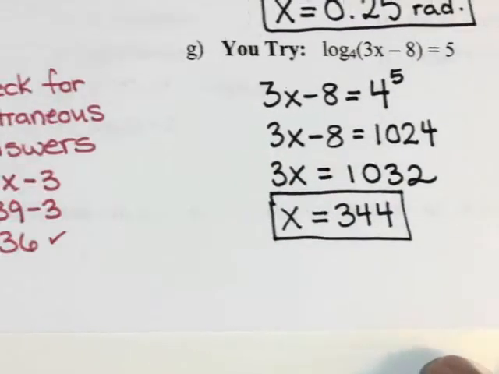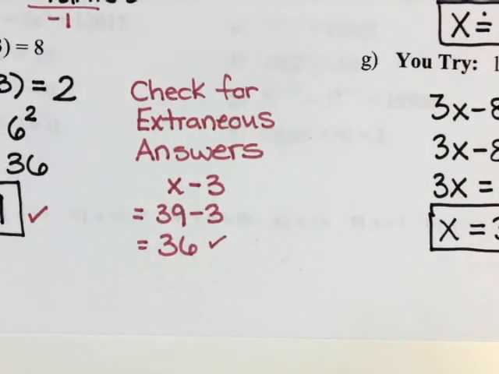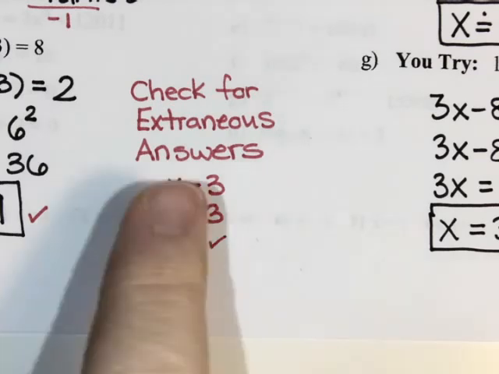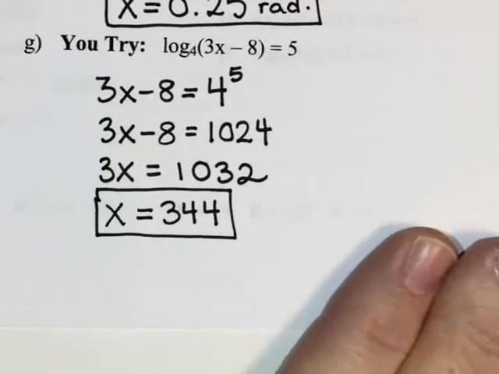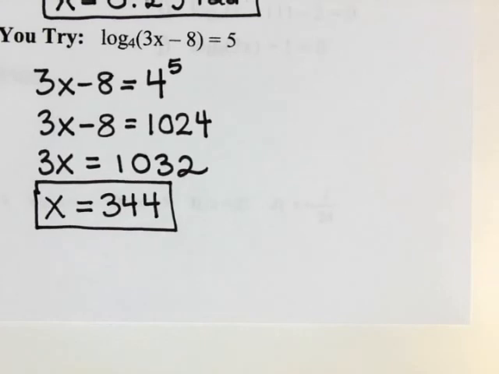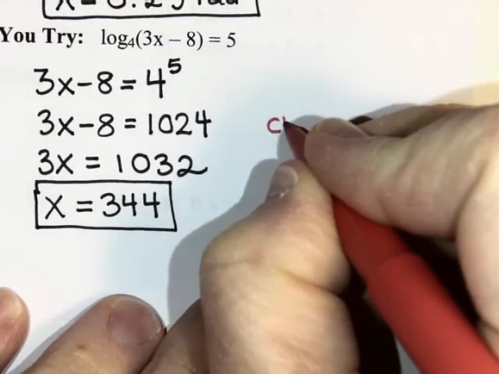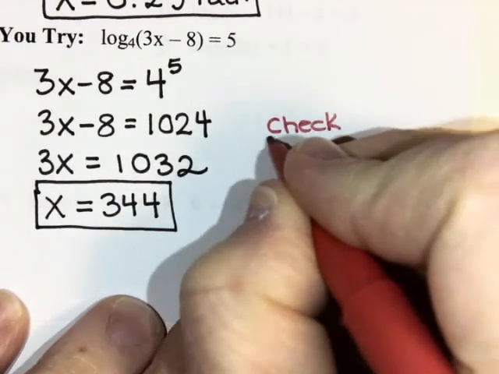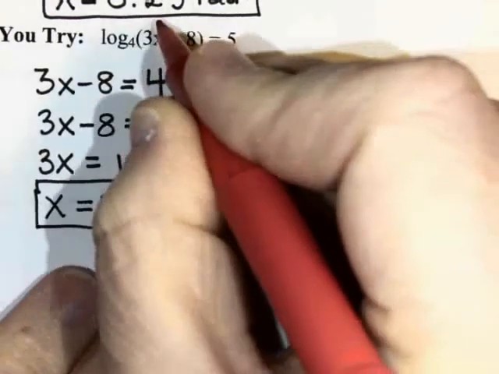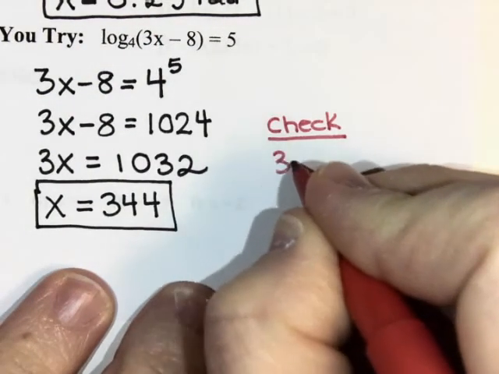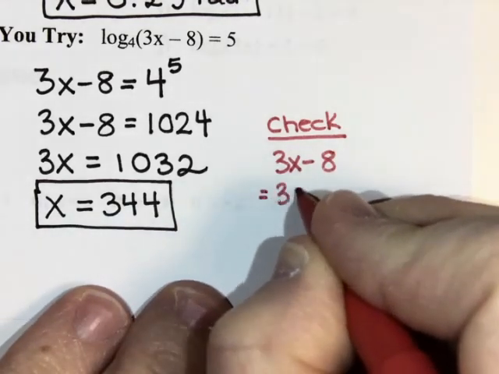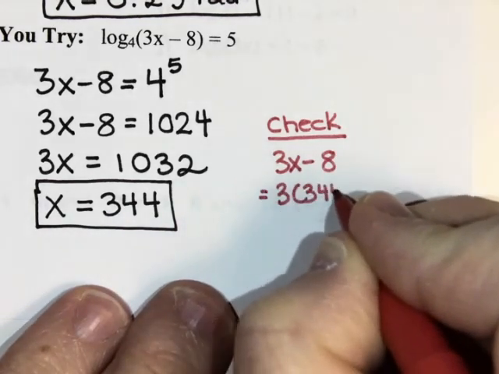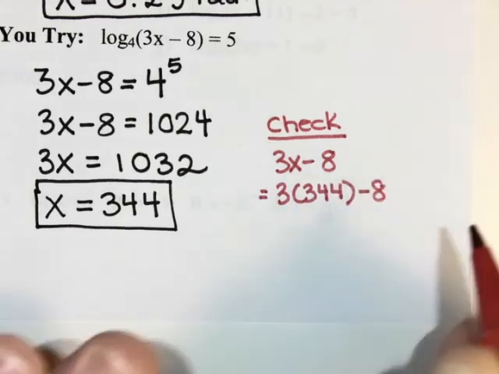Now, in the previous question, I did check for extraneous answers, and I formally wrote it out. You really don't have to formally write it out. You could even just check on your calculator, but since this is my note, I want to try to write it down so that we remember that we're supposed to do it. So if I am checking, I'm only checking the argument, so 3x minus 8. I'm going to put my answer in. I can already tell it's not going to give me a 0 or a negative, but I'm going to calculate anyways.